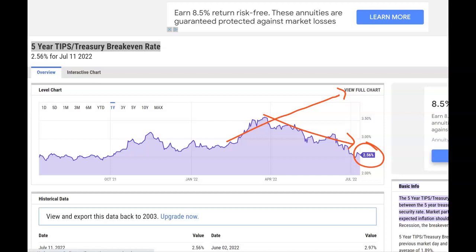So, yes, this report for inflation was bad news in terms of getting some sort of relief. But it does seem that by the end of this year, we should see inflation coming down. Well, that's all for now, and I welcome your comments.